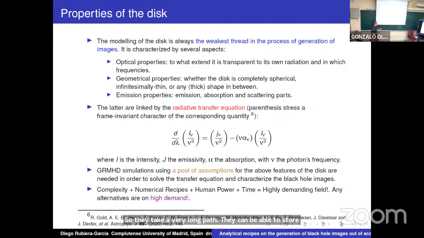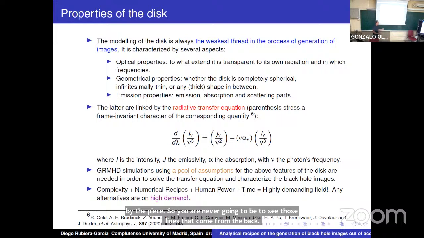So you are never going to see those light rays that come from the back because they are reabsorbed by the disk. Furthermore, the disk can be transparent to its radiation or not depending on the frequency you are observing. This can be a frequency-dependent feature.